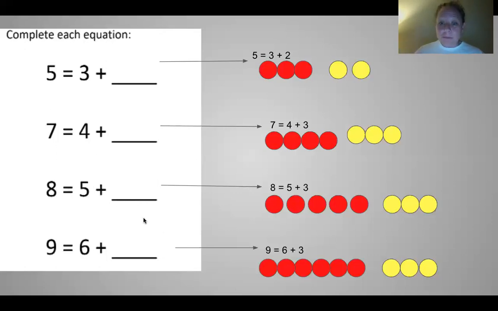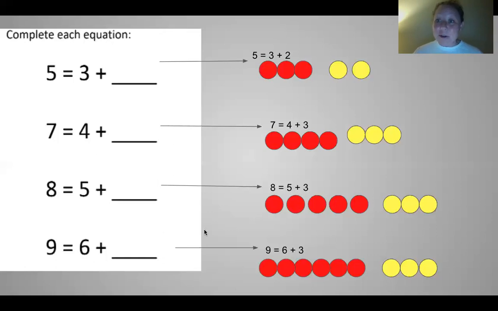Watch me. 5, 6, 7, 8. How many more did I need to add to 5 to get to 8? That's right. I had to add 3 counters. Read the new equation with me. 8 equals 5 plus 3.